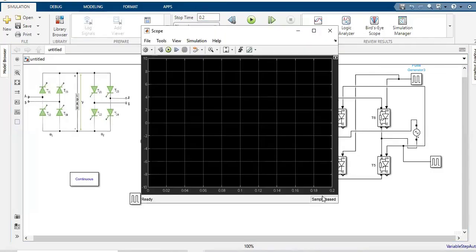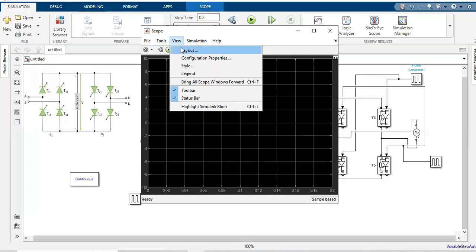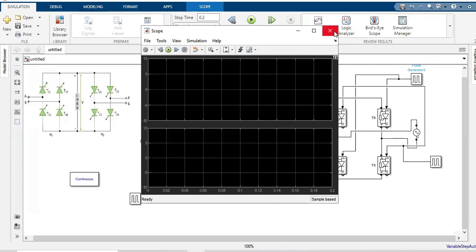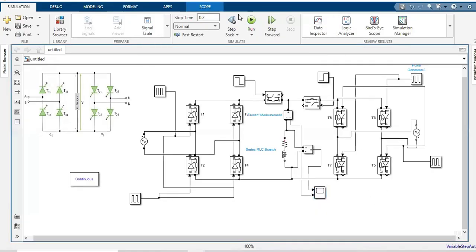And we can see the waveforms in the two axes. Now we can run this model.